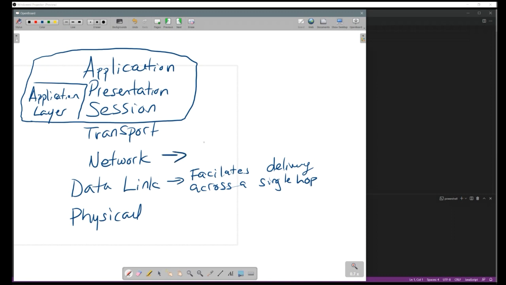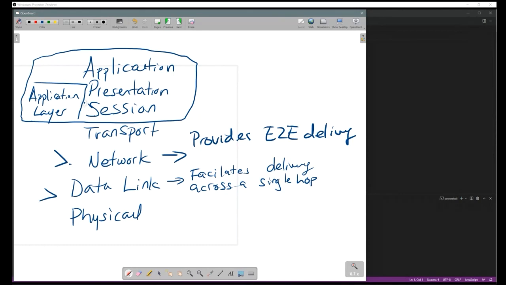It provides what we call end-to-end delivery, by stringing together many single hops. So the network layer operates under the assumption that the data link layer works, and the higher layer protocols also continue with that assumption.